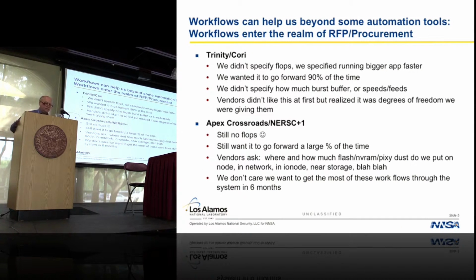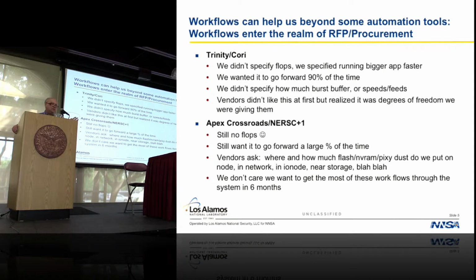Just a quick coverage about what we were trying to accomplish again with Trinity and Cori, which were the machines that this organization purchased for 2016, which are being installed now. We didn't specify flops. We specified that we wanted the machine to go forward 90% of the time, and we didn't specify whether you should use a buffer or all storage.